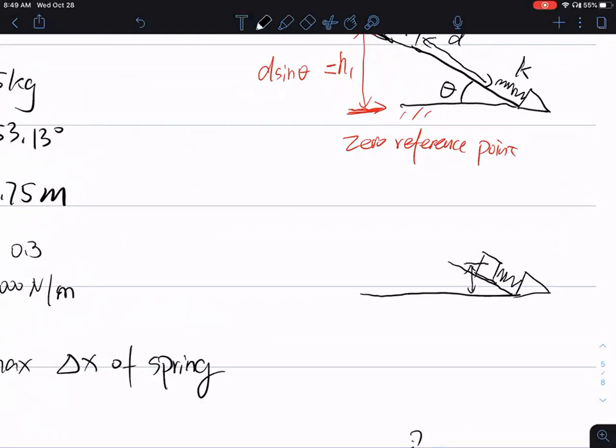You have a height there, right? If we know the initial length of the spring, let's call it L naught, and the change of length here is delta x2, we can use that length and the angle to find H2 here, to make it more accurate, to find the potential energy at position 2.